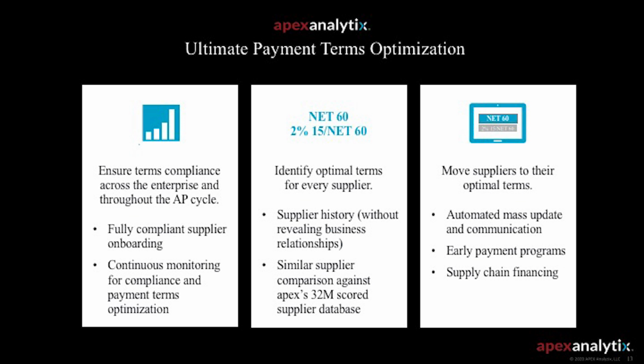We have a database of 32 million, actually now the number's 38 million suppliers in our golden record database. These are the suppliers who are doing business with our clients.